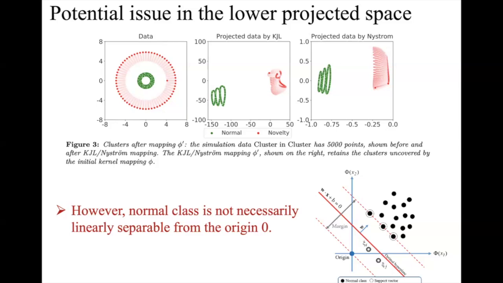If it's one class, with your assumption, the red component will be the outliers. Actually, you see the orange one, this one is the outlier. If you want to find the hyperplane, you will consider all of this here. You see here, this is the origin, this one will be zero.